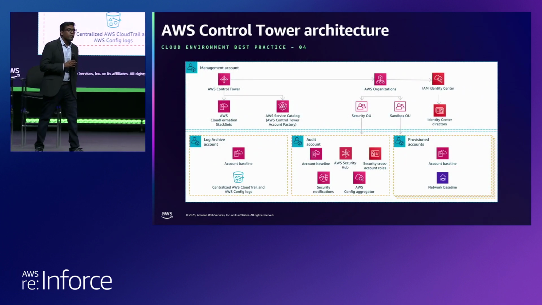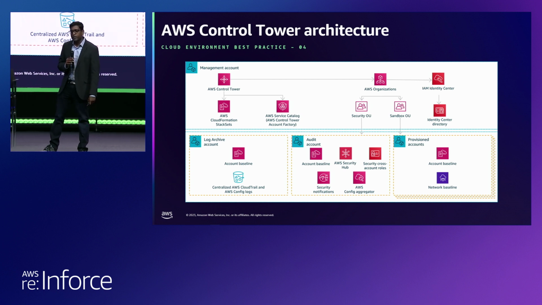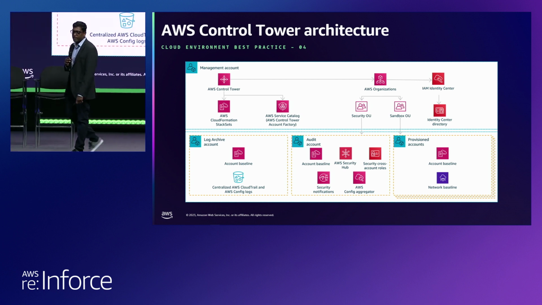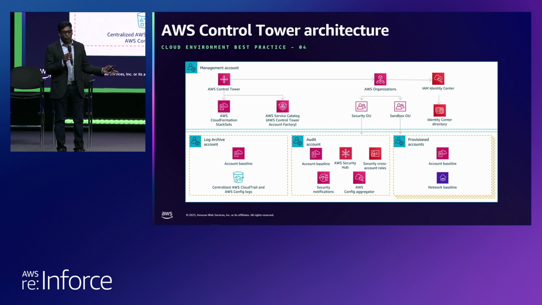Okay, putting this all together is our service, AWS Control Tower. And AWS Control Tower is unique at AWS because it's a solutions-based service. It orchestrates multiple services, Organizations, Identity Center, Config, CloudTrail, and more.